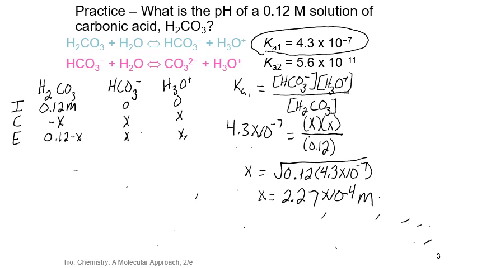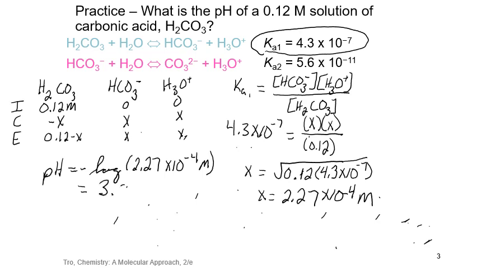And so we can find pH by taking the negative log of this. And our pH is equal to 3.64. We're in the acidic range.